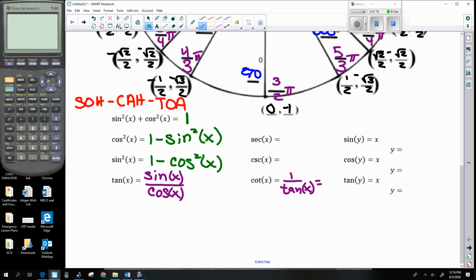Or in other words, that would be the cosine over the sine. That's what a cotangent is. Secant, you would think that it would be the sine, but it is not. This is a 1 over cosine. And then the cosecant is 1 over the sine.